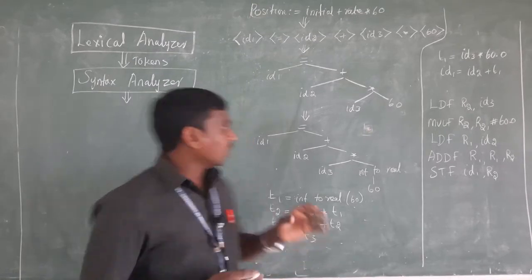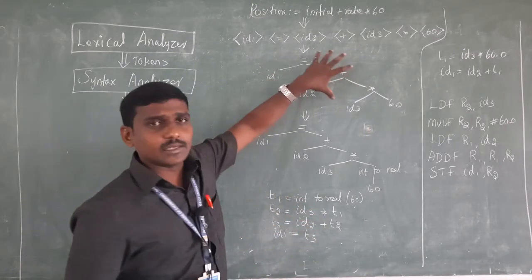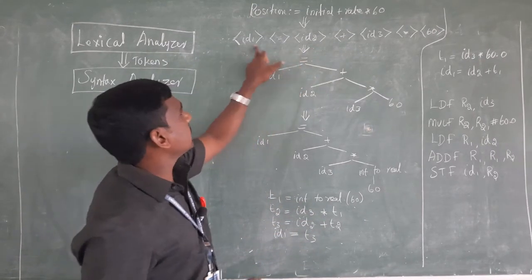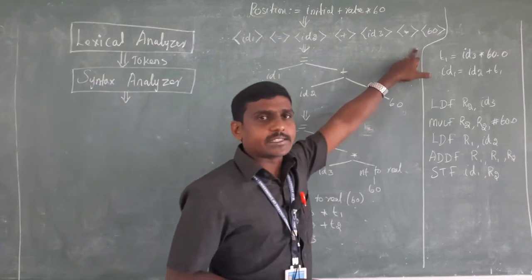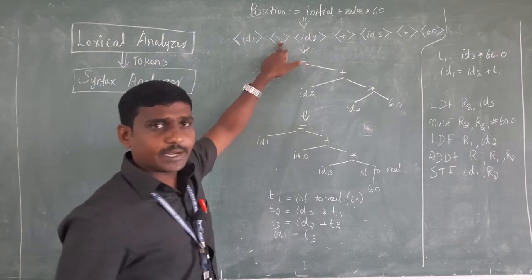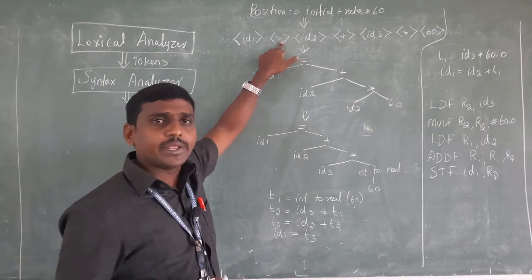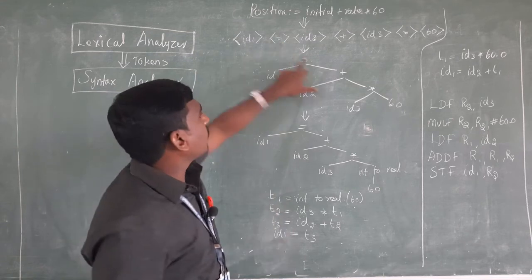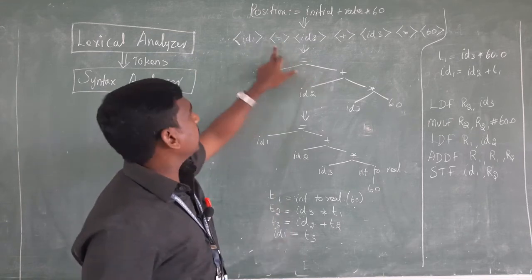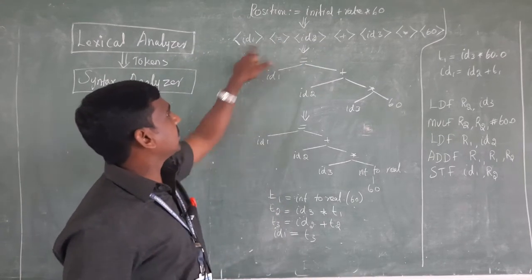Can you understand? This is the source code, ID1 equal to ID2 plus ID3 star 60, and equal to is an operator. We know the root node should be an operator, right? That we studied in data structure. Equal to is the operator, and the left child of the operator is ID1.